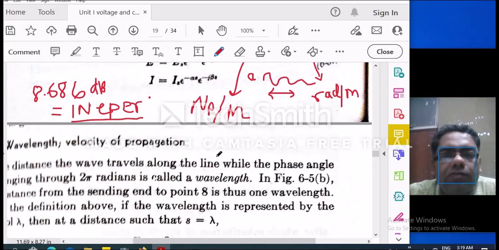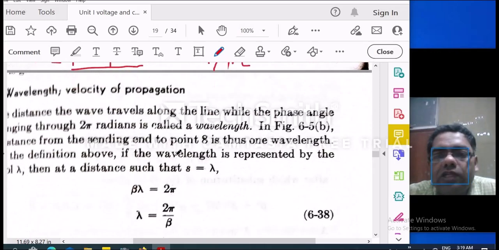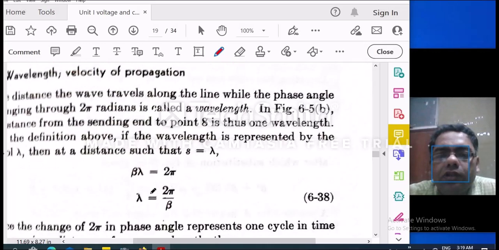Now another point you have to keep in mind is the relation between beta and lambda. Lambda can be written as 2 pi by beta, because beta is how much the phase changes when the wave travels unit distance.